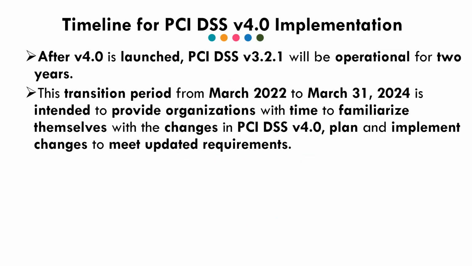So in March this year, we would have spent 1 year already with version 3.2.1 and version 4.0. Now, by March 31st of 2024, version 3.2.1 will be retired. So version 3.2.1 will not be in existence anymore.